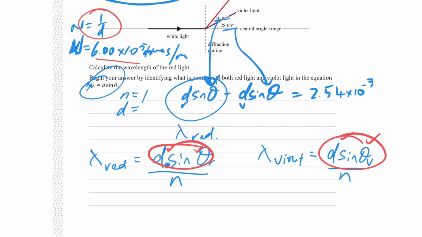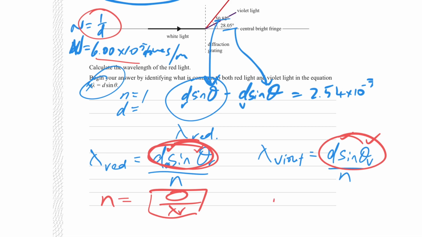So we now have an equation that we can make n the subject, and which will be whatever that number is circled up here divided by the wavelength red. So I'll just do that over that. And the same for violet.